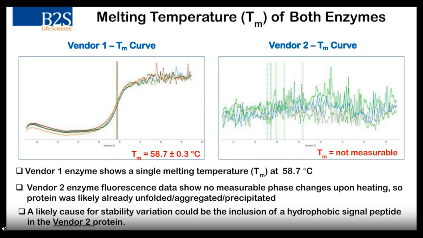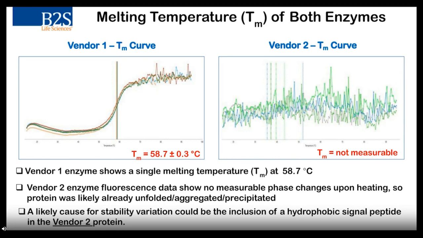So examining the data for the two vendor enzymes, again, we see a stark contrast between the two data sets. On the left-hand side, we have the vendor 1 material TM curve, which shows the normal sigmoidal morphology. And then on the right-hand side, we have the vendor 2 TM curve, which essentially looks like noise.